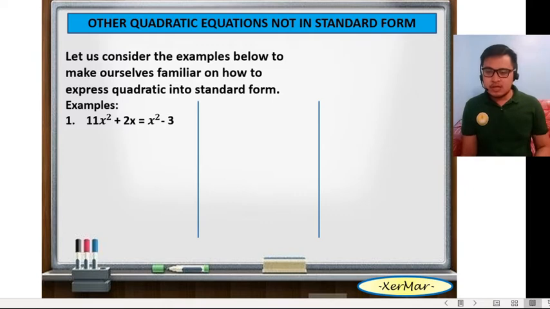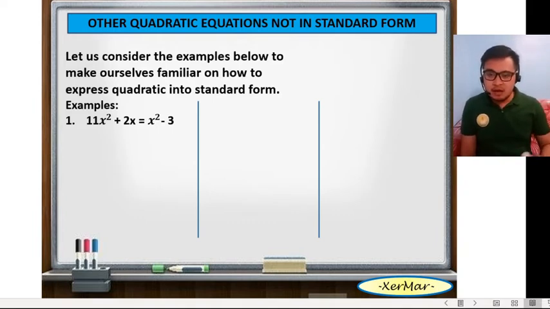So, ang gagawin natin dito, students, we have to transpose the terms from the right side to the left side of the equation. We will apply the transposition property of equality, wherein in transposition, we only deal with the movement of term or terms from one side of the equation to the other side.